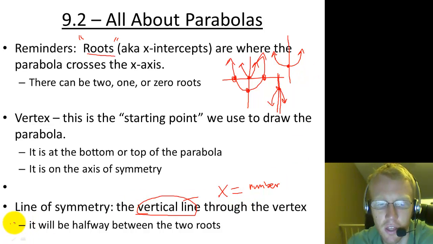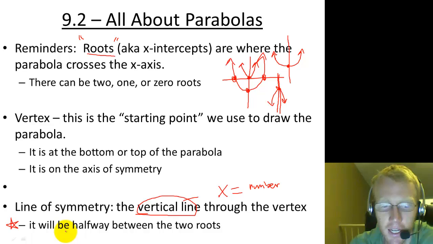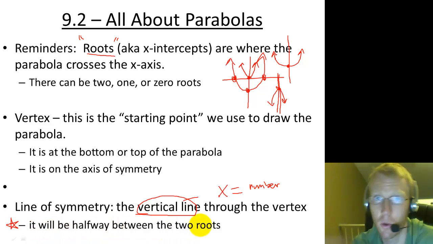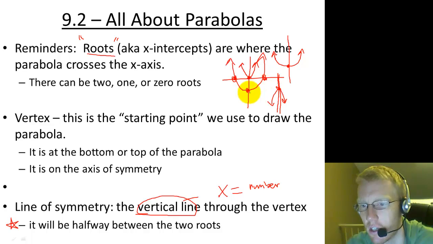And another important thing, this is really valuable in finding the roots and the vertex given different information. The vertex is always halfway between the roots. The x-coordinate, anyway. The y-coordinate could be different, but the x-coordinate is always halfway between the roots. So if you know the two roots are here and here, the vertex has to be halfway between them.